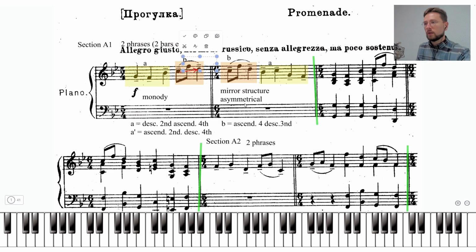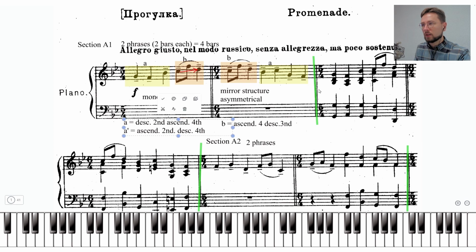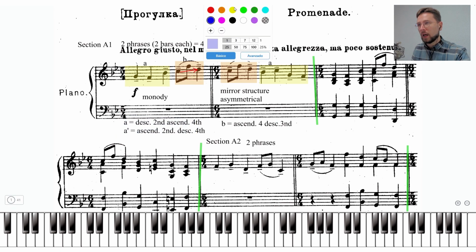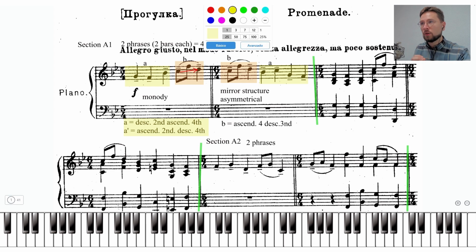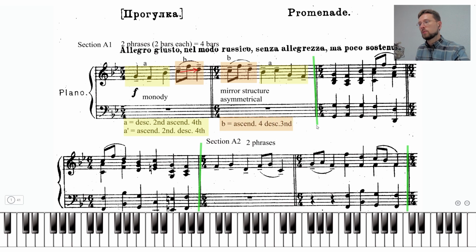So clearly there is a lot of motivic logic and structure in this opening. It's not a random opening that just presents a catchy tune, but a melody with a very strong inner logic. And that inner logic is what's guiding it and making it sound so good.